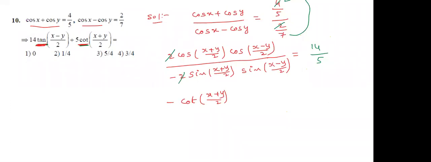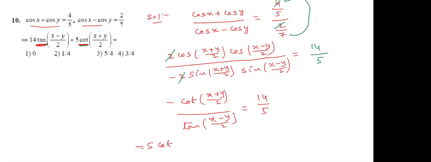That is important here. Cos by sin is cot. Cot means we can write 1 by tan, or not? Tan of x minus y by 2 is equal to 14 by 5. Take cross multiplication.